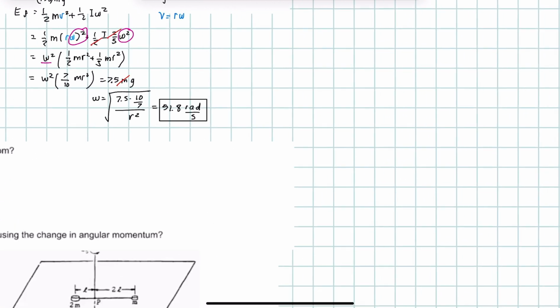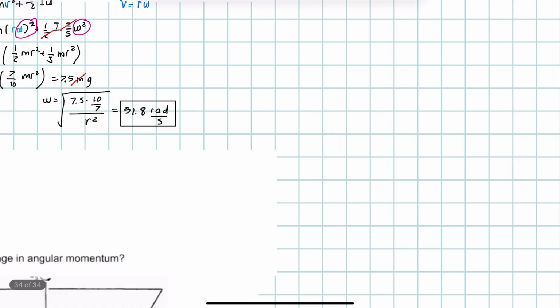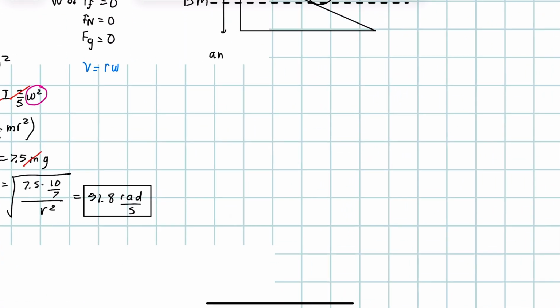But now we want the angular momentum, right? In order to get the angular momentum, we use the relationship again: L is equal to the moment of inertia times the angular velocity.